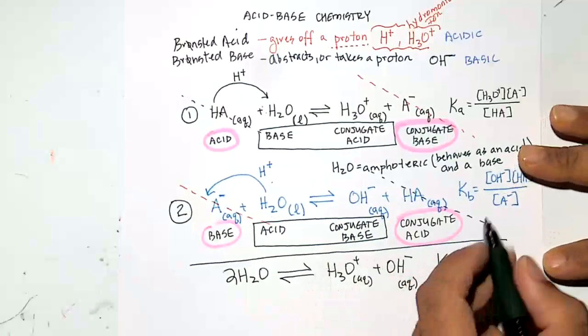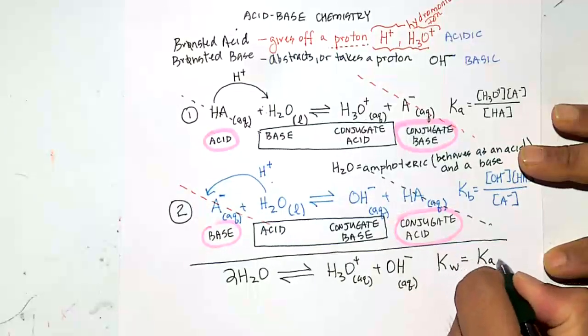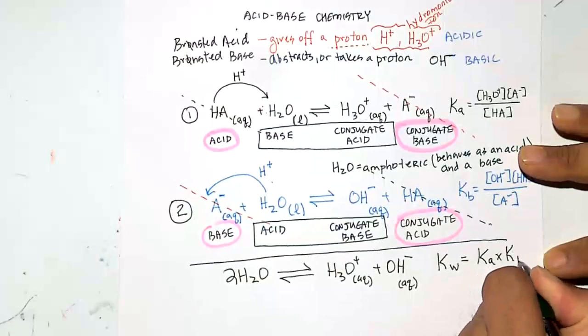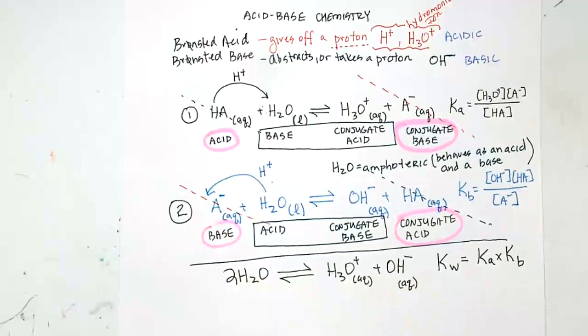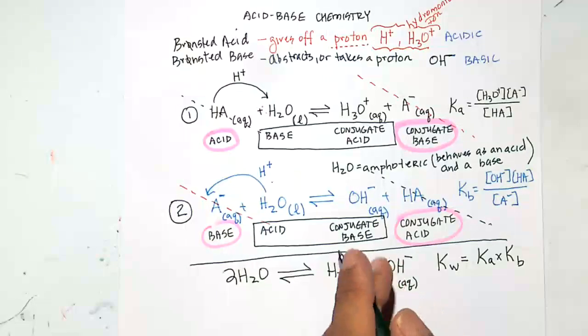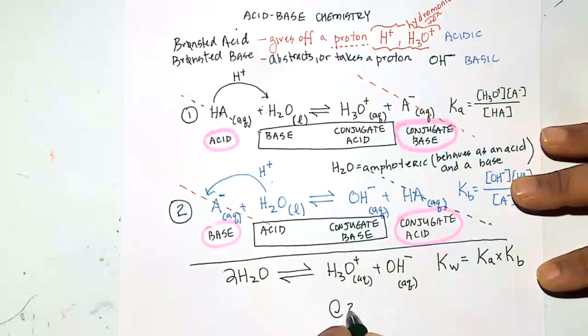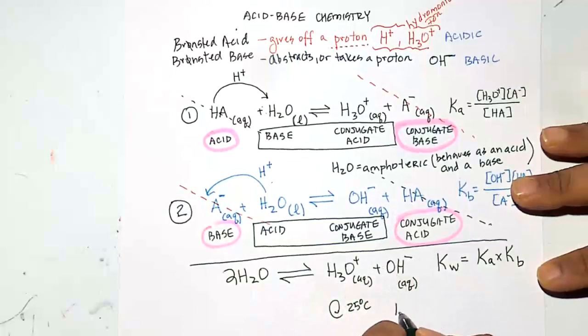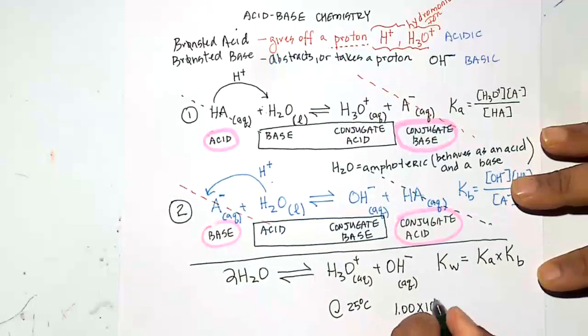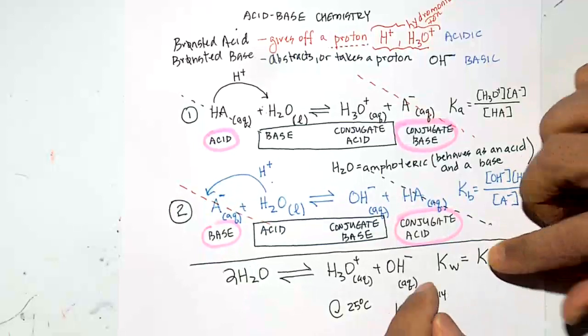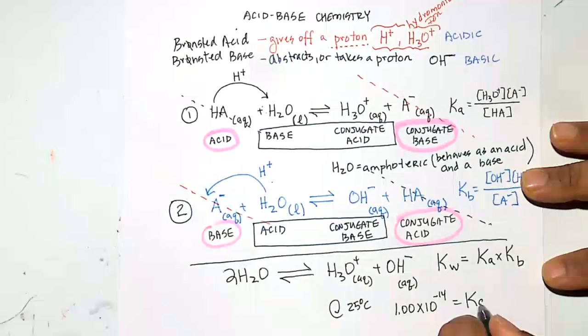So Kw, W stands for water, is equal to Ka times Kb. All right, so at 25 degrees C, if you look at your textbook, there is a value for this Kw. It is 1.00 times 10 to the minus 14. That's the value of this equilibrium constant, and it equals Ka times Kb.